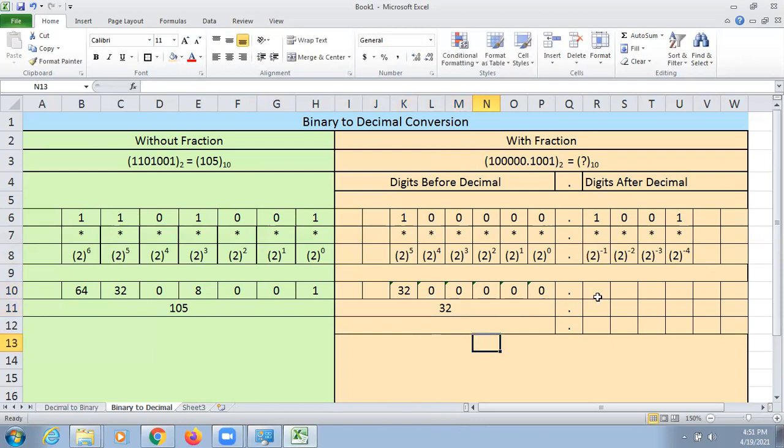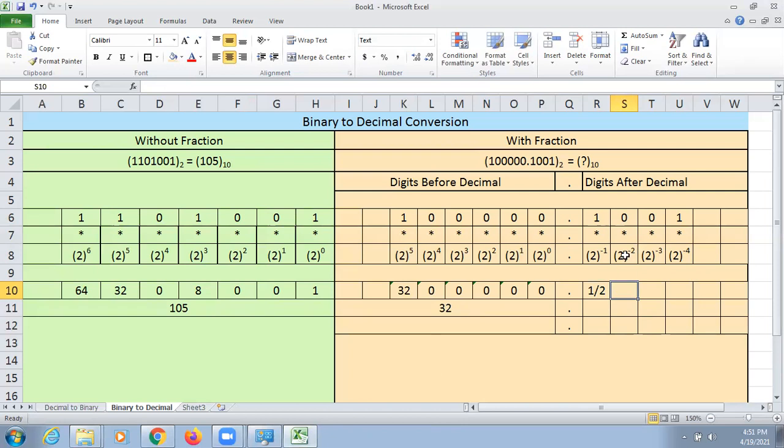And the number we are getting after the decimal, let's check that. Can I write 2 raised to power minus 1 as 1 upon 2? Yes, we can write it like 1 upon 2. And 1 upon 2 multiplied by 1 is 1 upon 2 only.